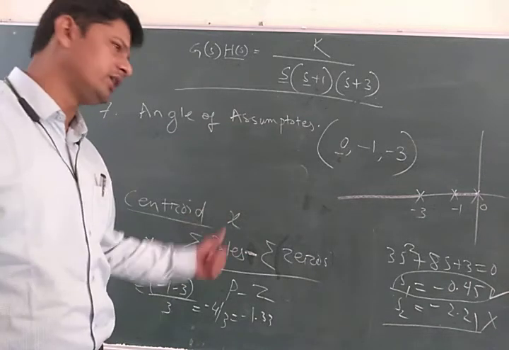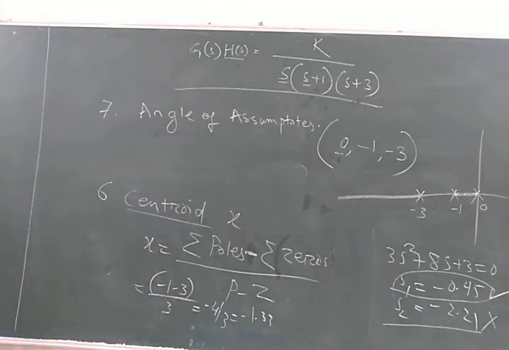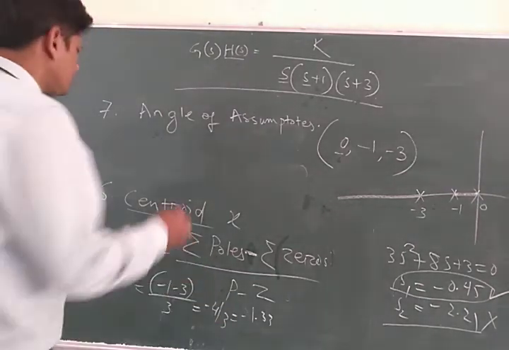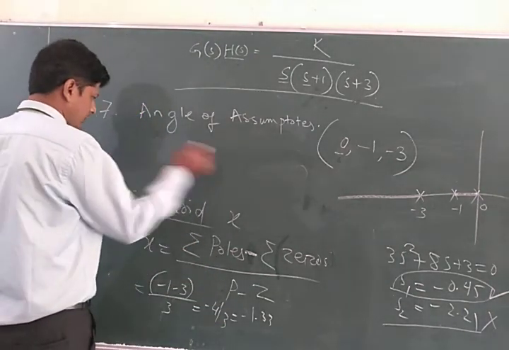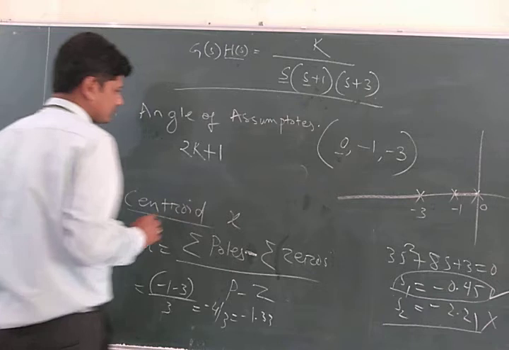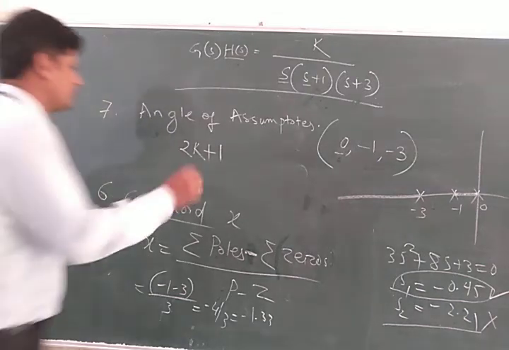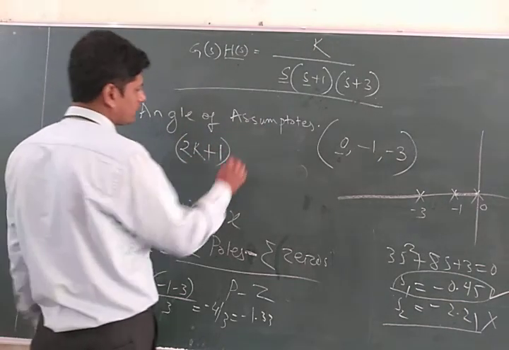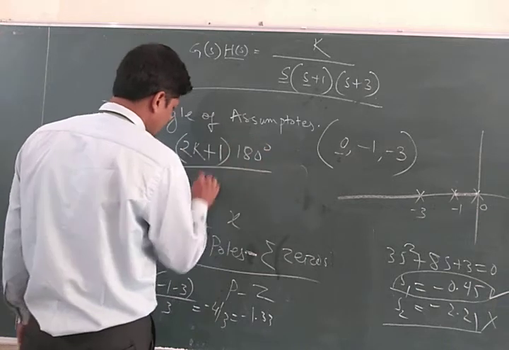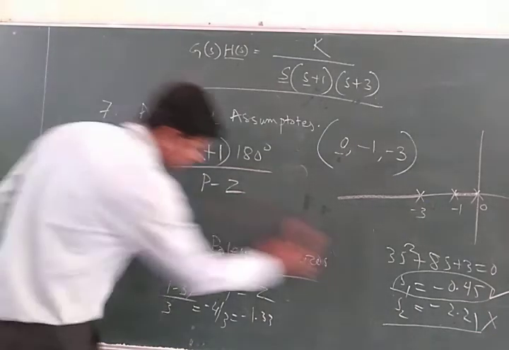So how do we find these angles? The formula for the asymptotes angle is (2p + 1) times 180 degrees divided by p minus z. And this is the number 6 part.